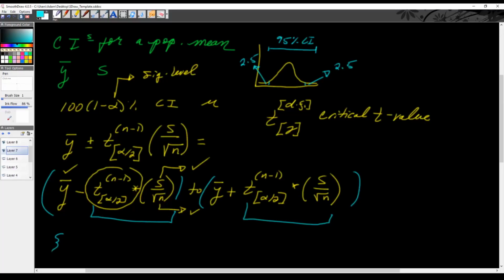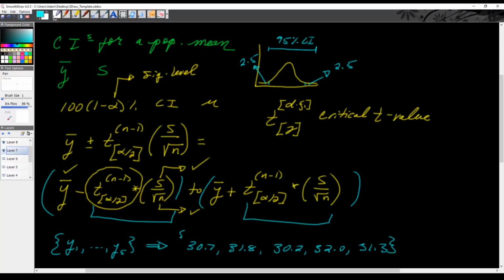So remember, we're working with a set of data Y1 all the way through Y5, and these values are 30.7, 31.8, 30.2, 32.0, 31.3.